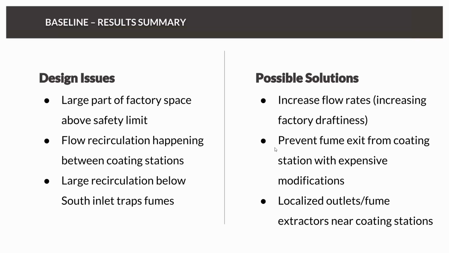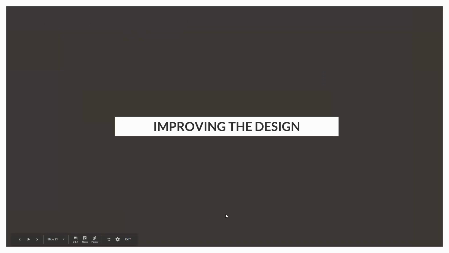And we could also think about preventing the fume from exiting the coating station with expensive modifications, but as I mentioned, this is basically not possible because we cannot change it. And what we can also do is relocate the outlets and put new extractors near the coating station. And that's basically what we will try right now.